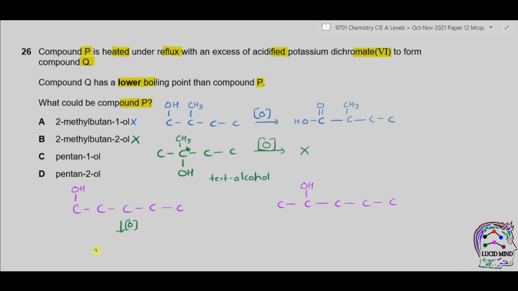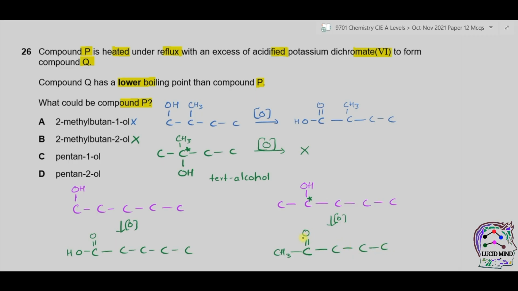We have 5 carbon atoms, so it will form pentanoic acid, a 5 carbon carboxylic acid. This one is a secondary alcohol because this carbon is attached directly to 2 carbon atoms. So this will be oxidized to a ketone. A secondary alcohol always oxidizes to a ketone.